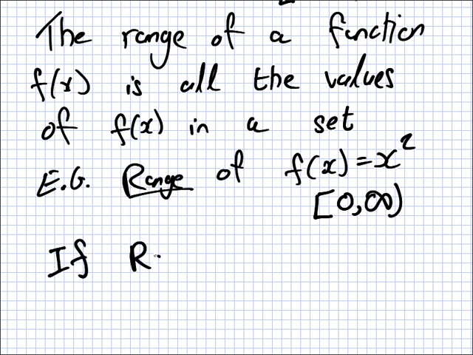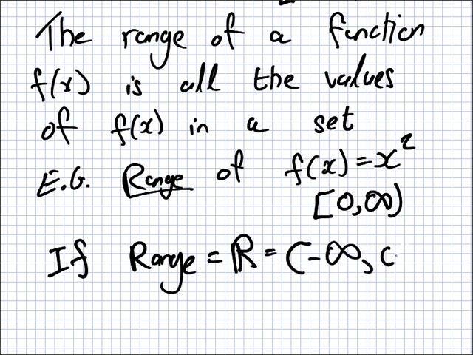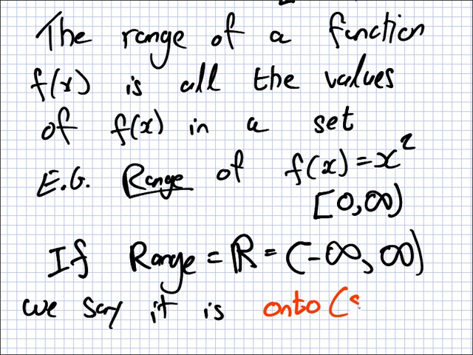If the range equals all real numbers, which is minus infinity to infinity, we say it is onto, also called surjective. What does surjective mean?